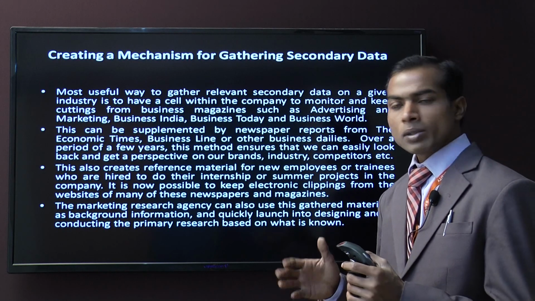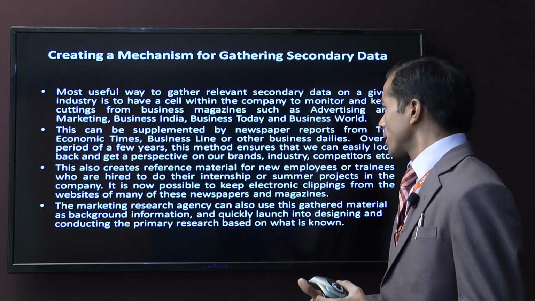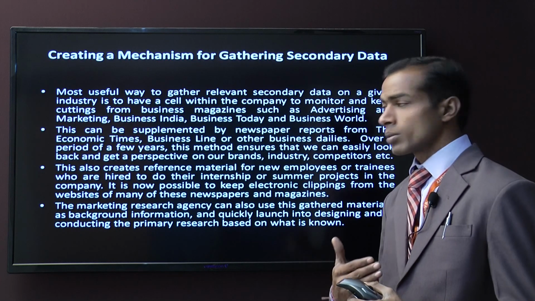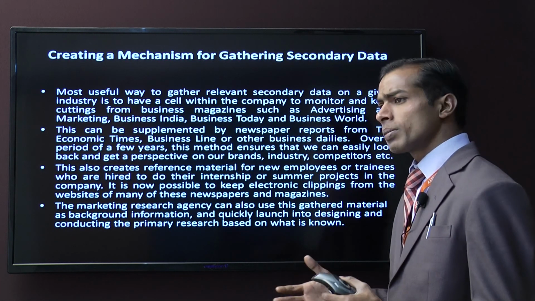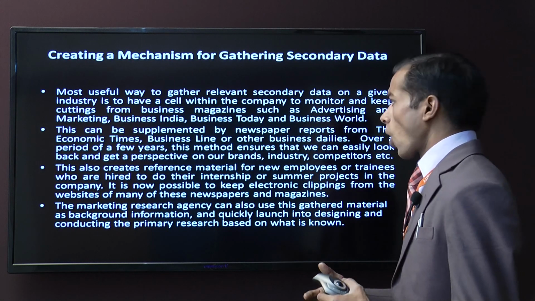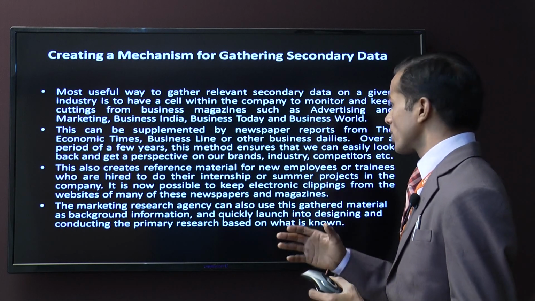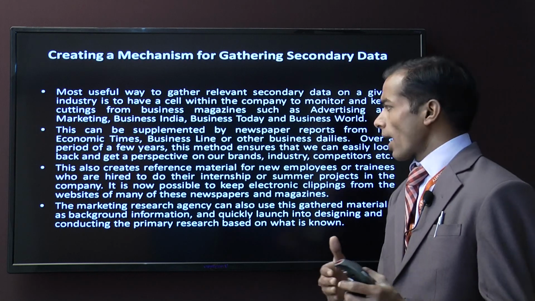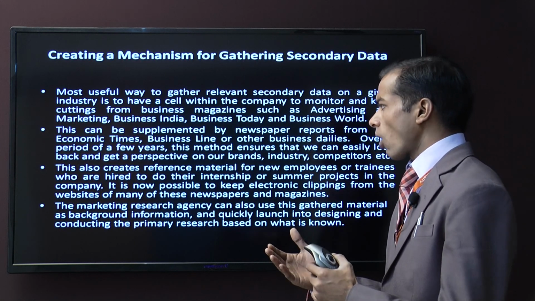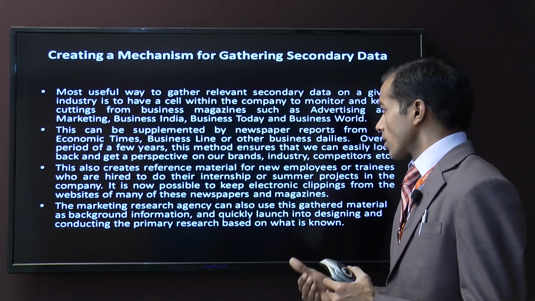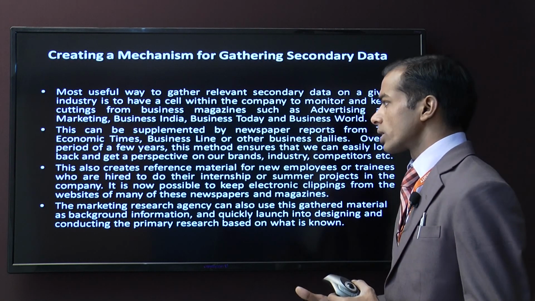Now this can be supplemented by newspaper reports from Economic Times, Business Line or other business dailies. Over a period of a few years, these methods ensure that we can easily look back and get a perspective on our brands, industry and competitors.